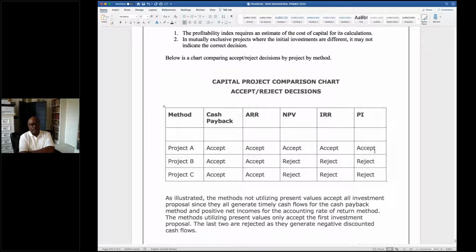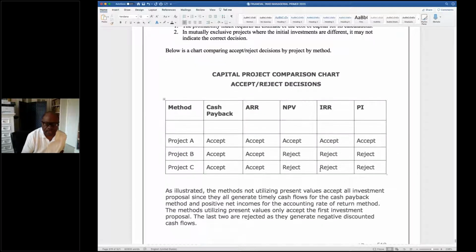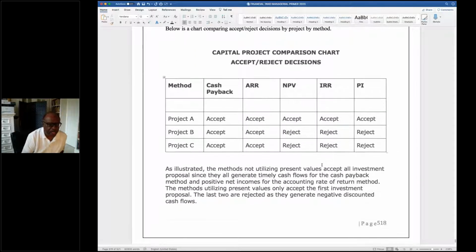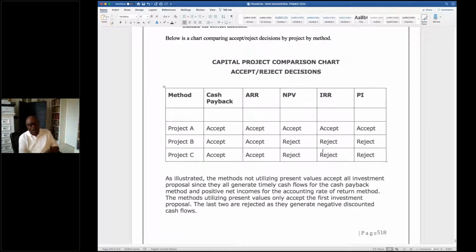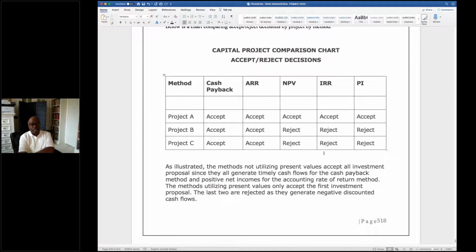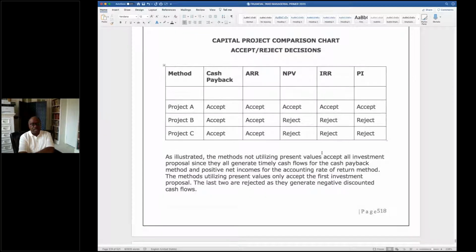But in today's world, you've got to use a method that utilizes present values, and you're going to come up with a lot more rejections because of that. And that's what we need, because you've got to pay for the money. So if you've got $1 million and you're borrowing at 10%, then the project needs to generate more than 10%, not just in dollars.